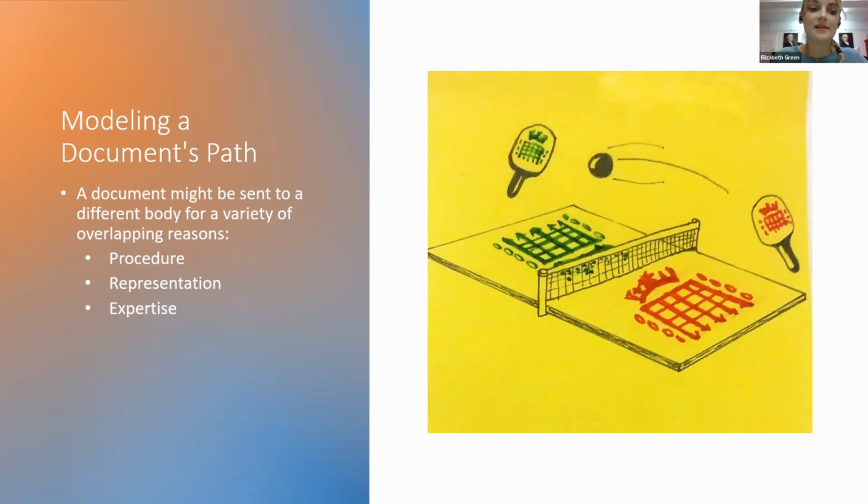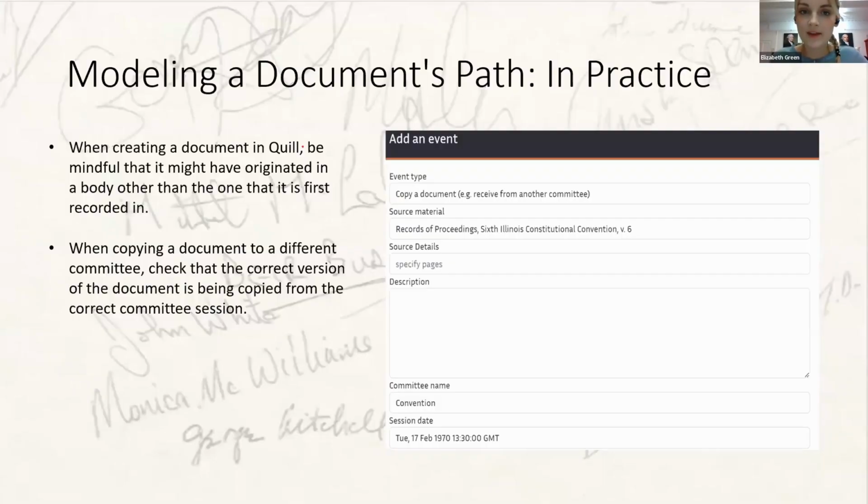And so for these reasons, and so that users can trace a document through Quill, it's crucial that documents are created and copied into the correct committees from the correct points. So sometimes gaps in the record we have mean that a document might seem to come up for the first time in a body that it's not actually created in for the first time.